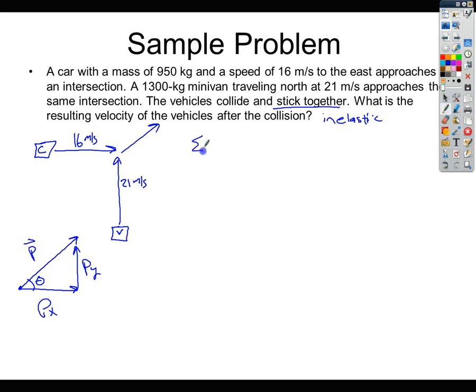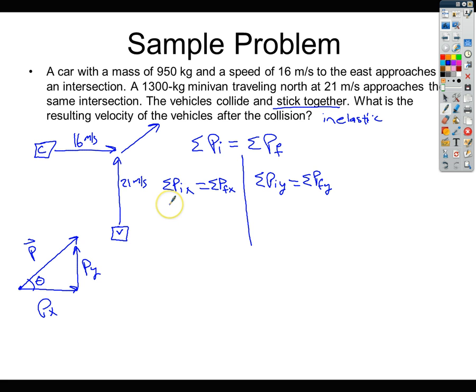We know the sum of the initial momentum should be equal to the sum of the final momentum. If we divide this down the middle, the sum of the initial momentum in the x should equal the sum of the final momentum in the x, and the same for the y.